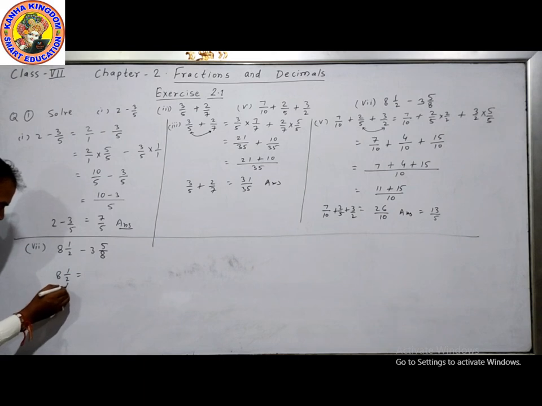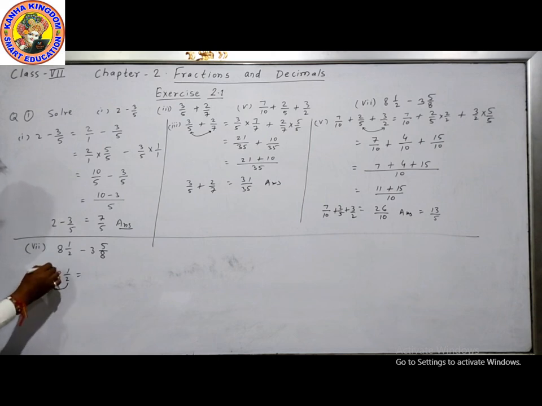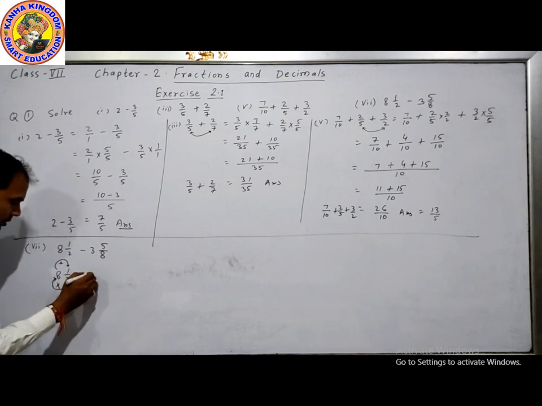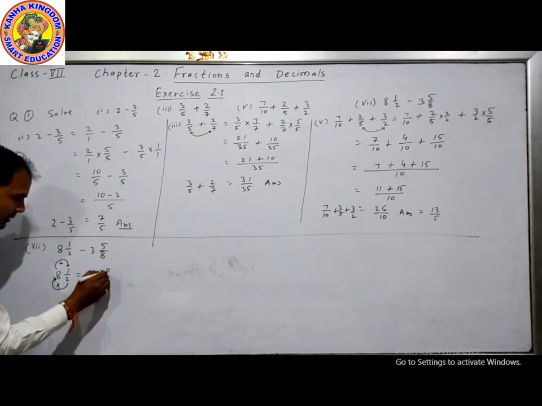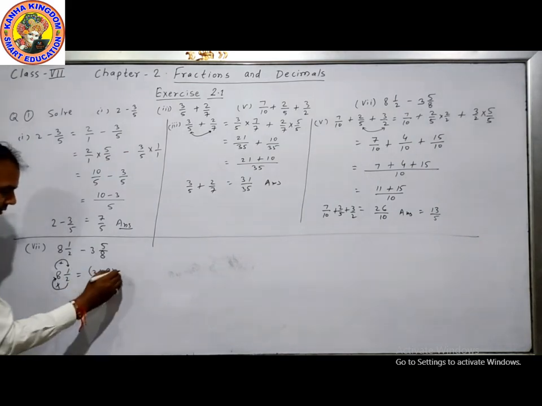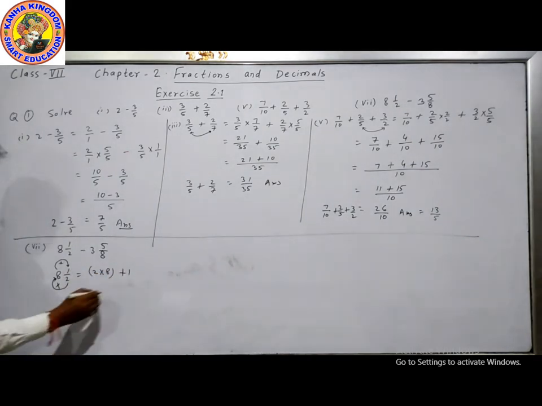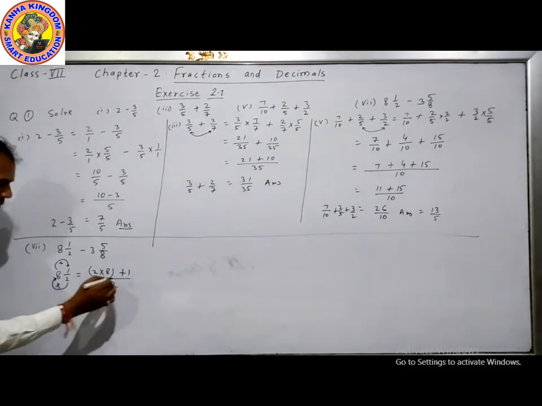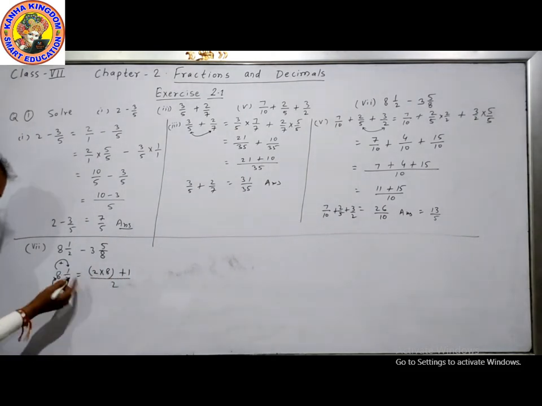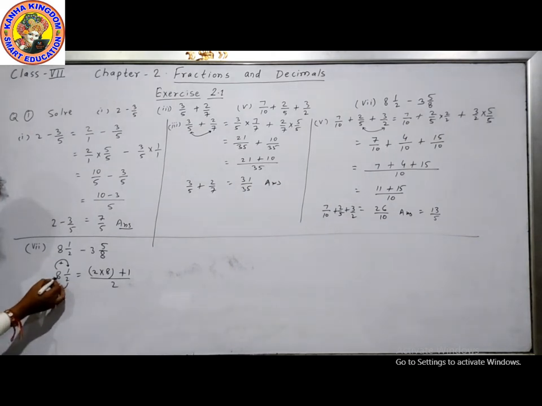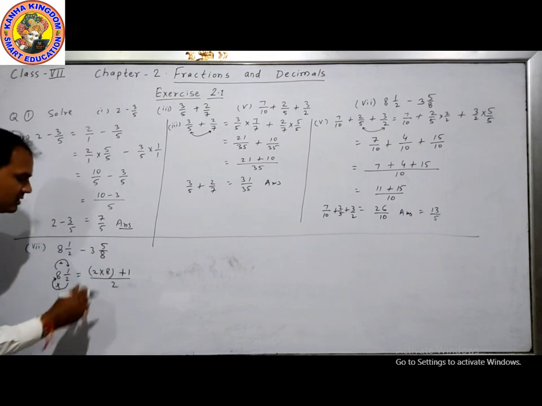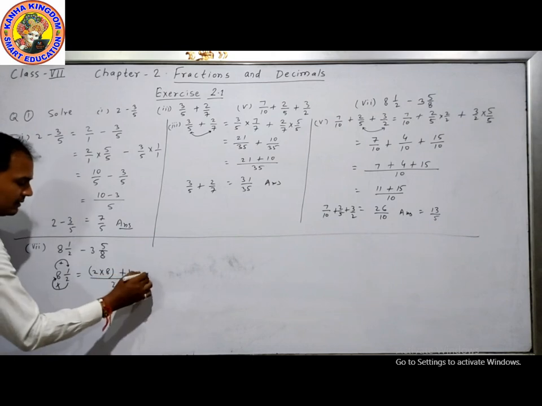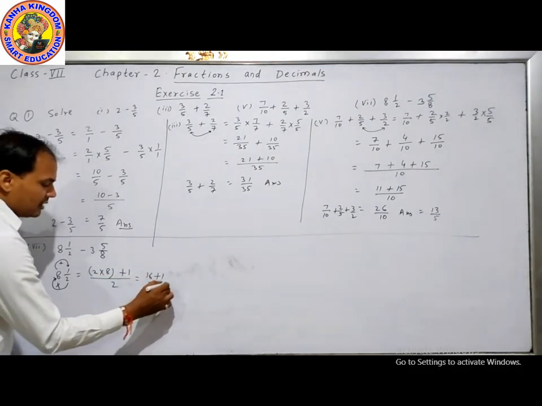For changing, the denominator 2 will be multiplied by 8, then added to the numerator, and the denominator remains 2. 2 into 8 is 16, plus 1, upon 2.